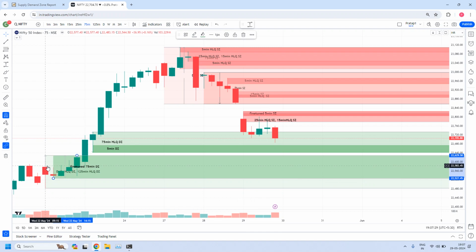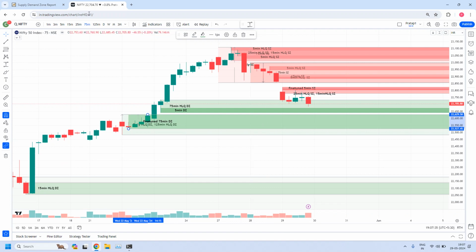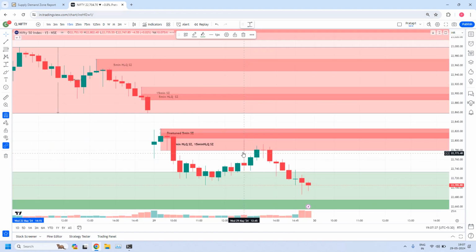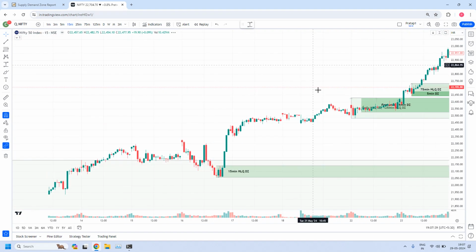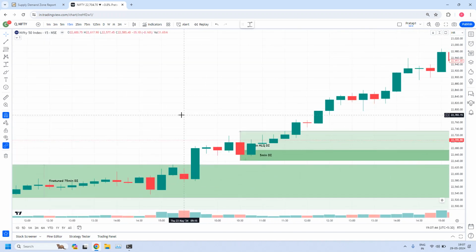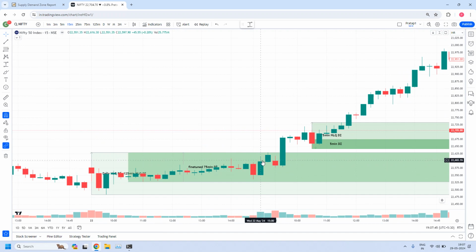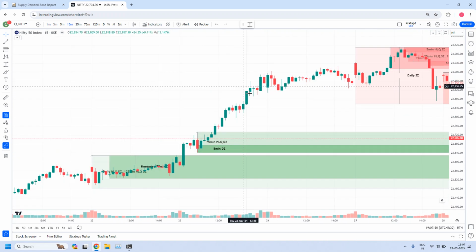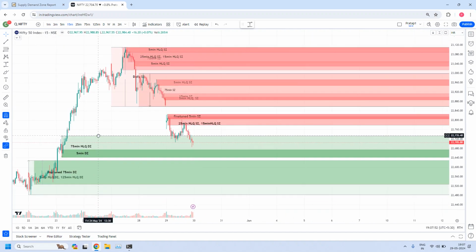Considering this is a leg candle, 4 base candles and a rally. Now, are there any 15 minute zones within this area? Yes, we have a rally, 2 base candles and a rally. That way you can draw the zone.